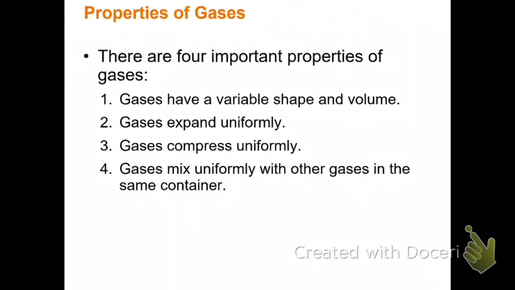Okay, the reason for this property is because of properties number 2 and 3. Gases can expand and compress. So you can compress gas so that it'll have a 1-gallon volume, or you can expand the gas in order to have a 10-gallon volume.